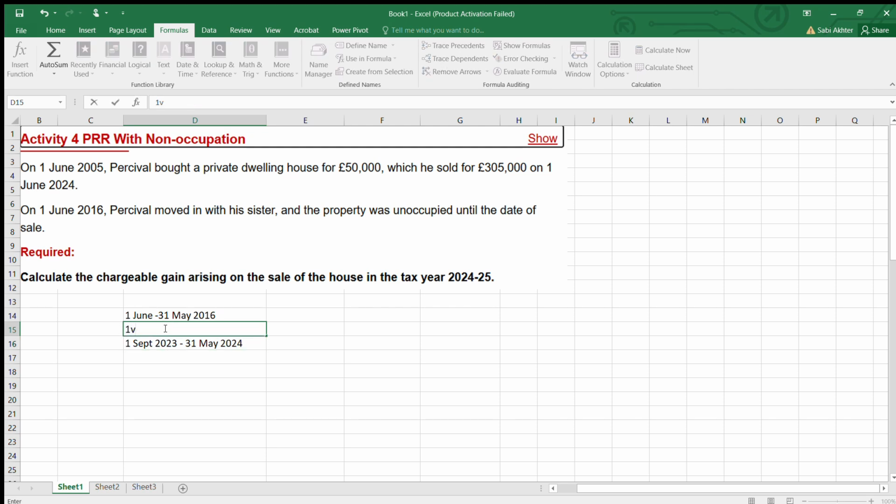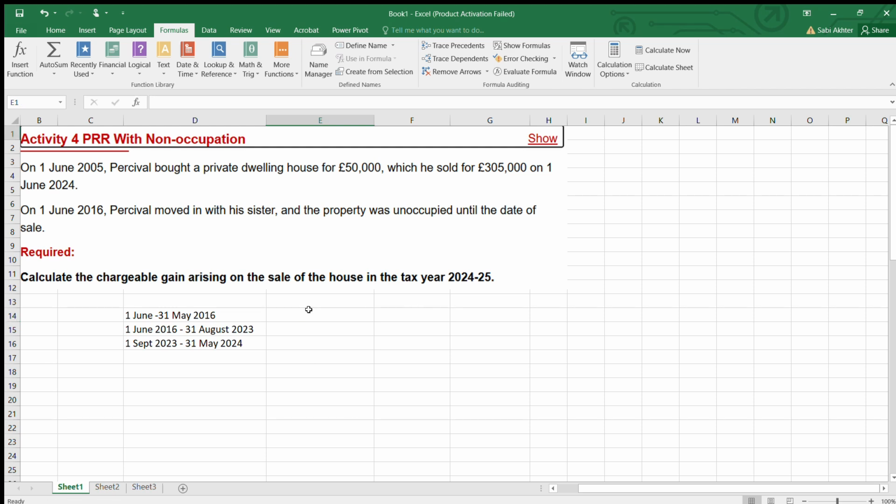The remaining part is 1st June 2016 to 31st August 2023. Okay. So here you have to write the reasons. Here you actually occupy, so actual occupation.